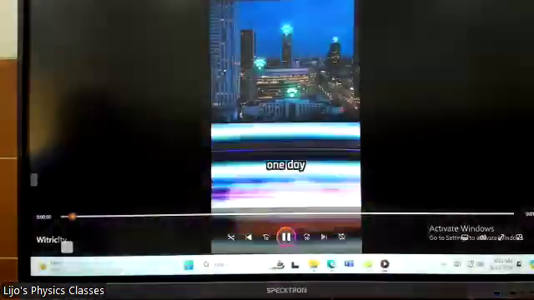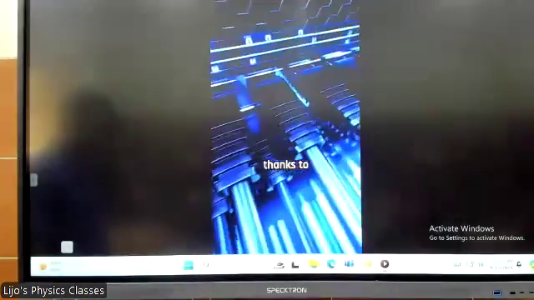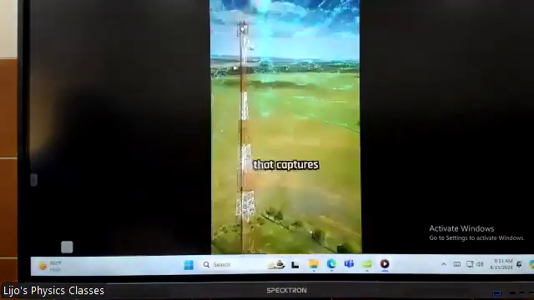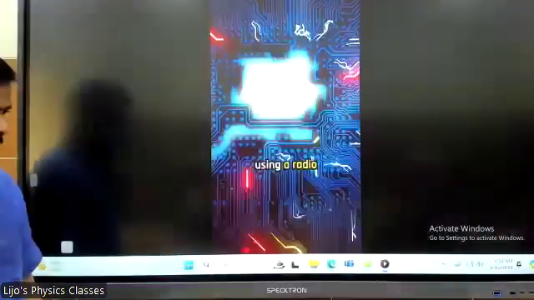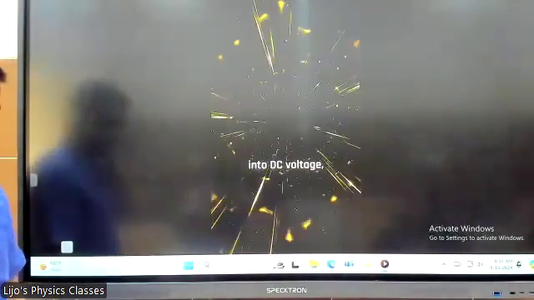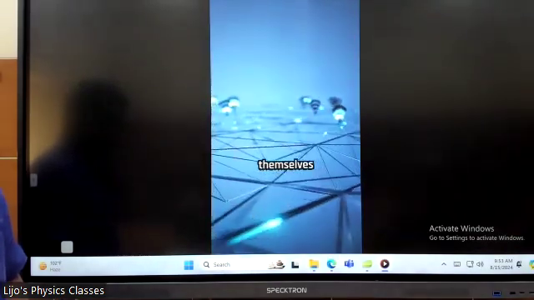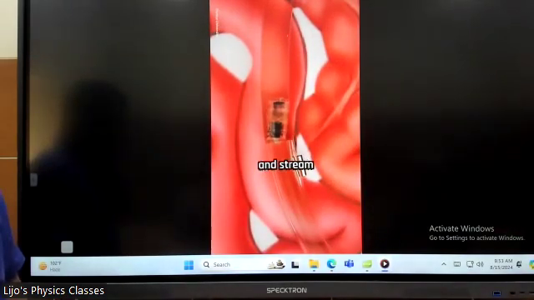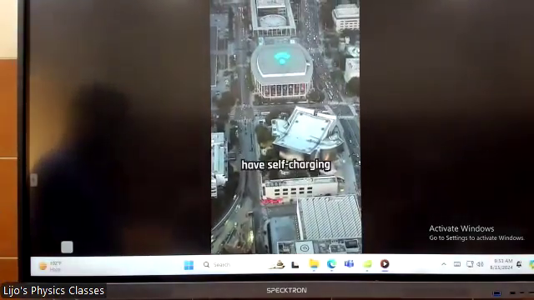Wi-Fi signals could one day be converted into electricity to power electronic devices without batteries, thanks to a new innovative technology. MIT researchers created a fully flexible rectenna that captures Wi-Fi's electromagnetic waves and converts them into electricity using a radio antenna and a 2D semiconductor. The semiconductor turns the AC signal into DC voltage, and it could be used to develop battery-free devices that passively power themselves using Wi-Fi signals. This includes smart pills that could be swallowed by patients and stream data back to computers, and even bridges, highways, and buildings that could have self-charging capabilities.